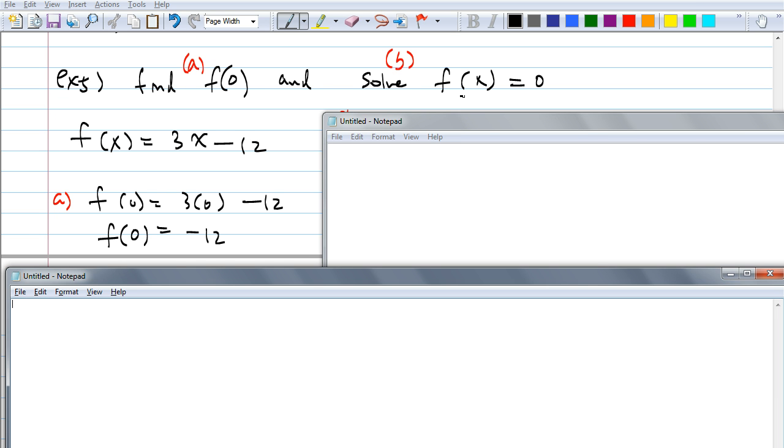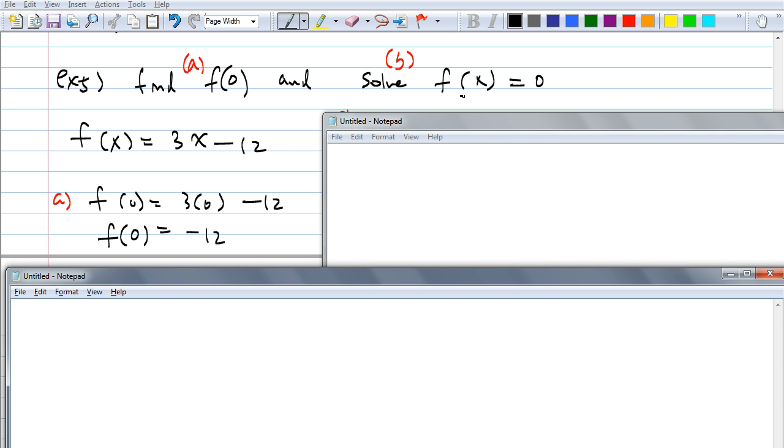What are they asking when they say f of x equals 0? Are we trying to find what this f of x becomes? No, we know what it becomes. It becomes 0. What are we looking for then? In other words, what is this second part asking? Solve. Yes, sir.